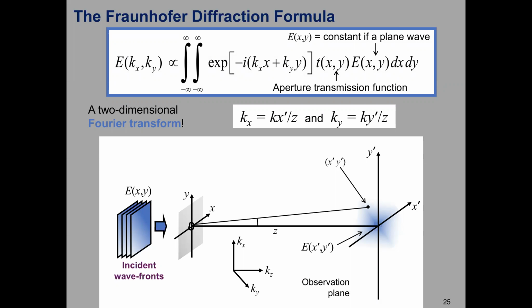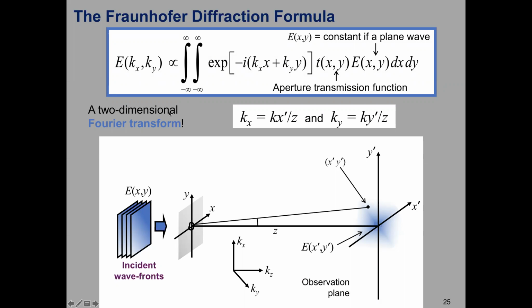What that means then is that our diffraction pattern is going to be predicted by a Fourier transform of the function describing our aperture. You'll notice the Fourier transform gives us the electric field as a function of the components of the wave vector.